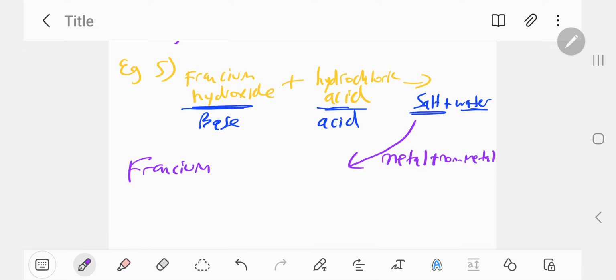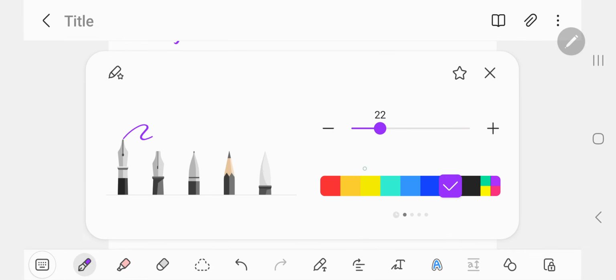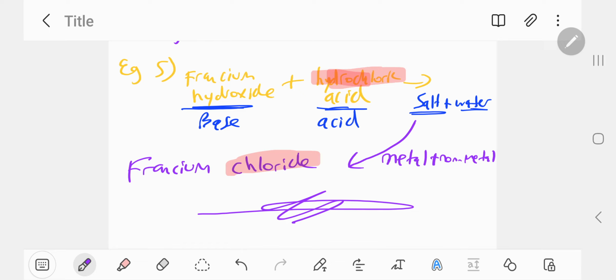It's in group 1. It's the most reactive alkali metal. For the non-metal, go to the acid. Hydrochloric, remember, becomes chloride. So francium chloride. Remember the hydrochloric becomes chloride. And that's pretty much it. That's how you write down neutralization reactions and name salts.